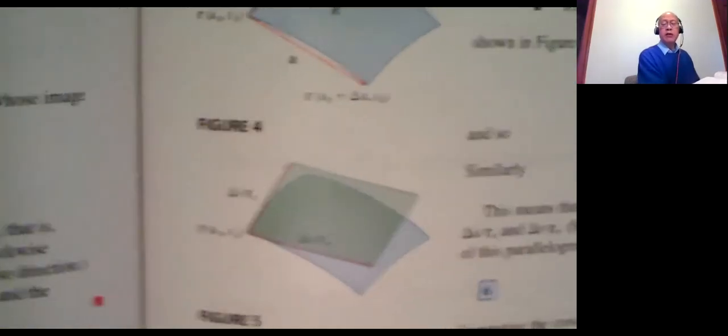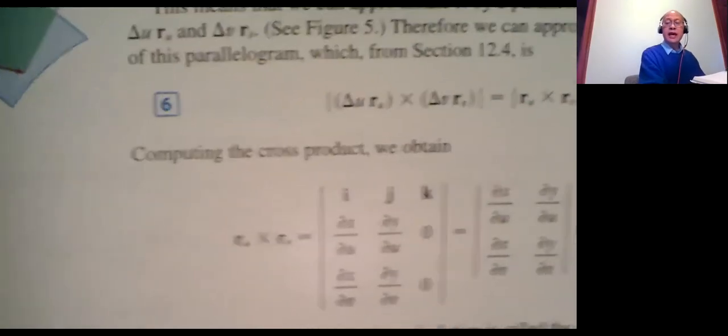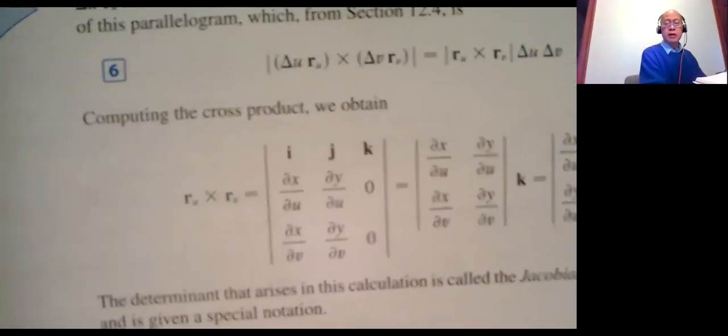Okay, well, it's going to be an r sub u and an r sub v. That changed area, we can find the area of that parallelogram by doing r_u cross r_v. The k component is 0 because we're in the xy plane.